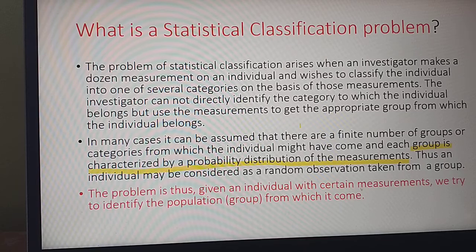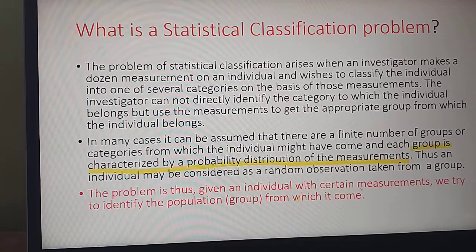But we have a series of measurements, a dozen measurements, on that particular individual, and on the basis of those measurements we will try to classify statistically the population to which the individual belongs. So finally the problem is thus given: an individual with certain measurements, we try to identify the population from which it comes.